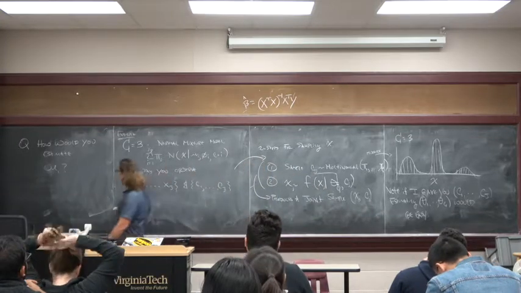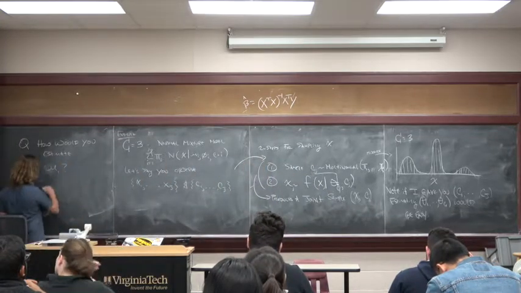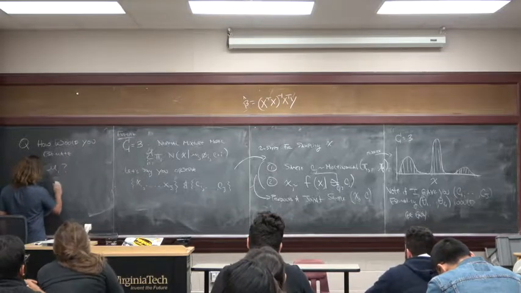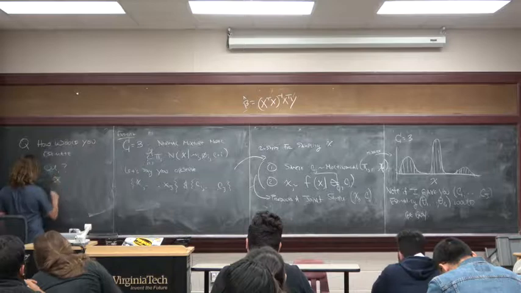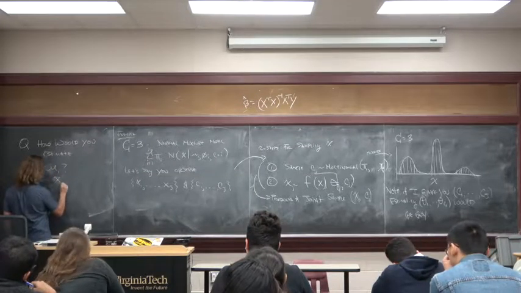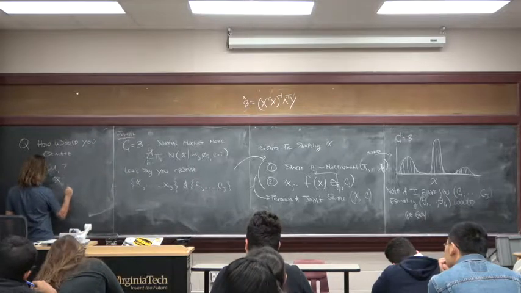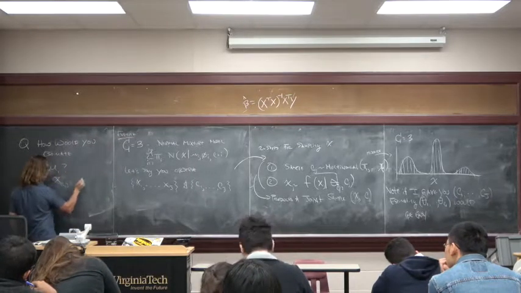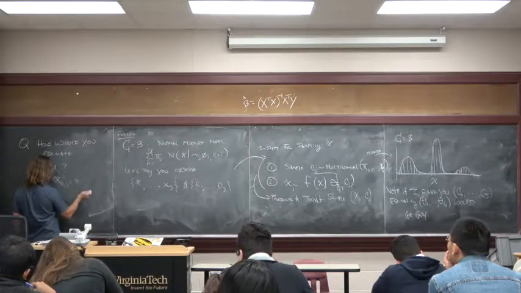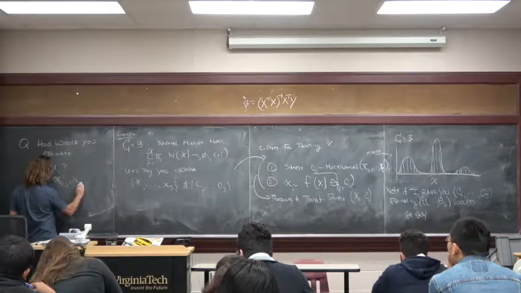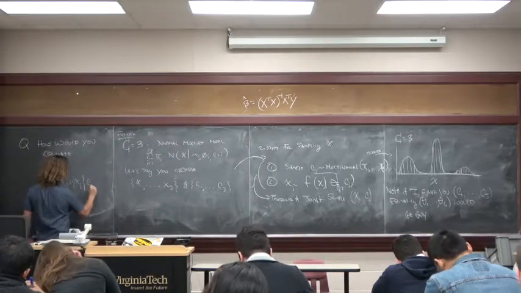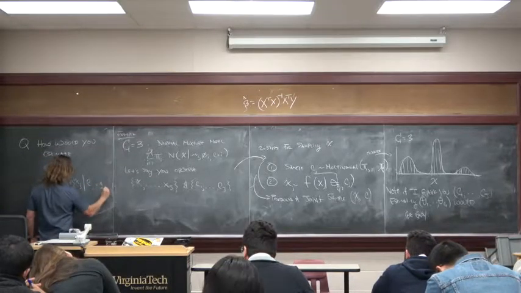So what I would do is I would just look at cap X_c1, which is the x samples, the x_j's, such that c_j is equal to 1.